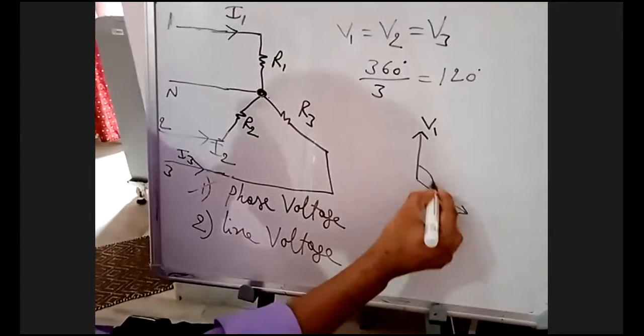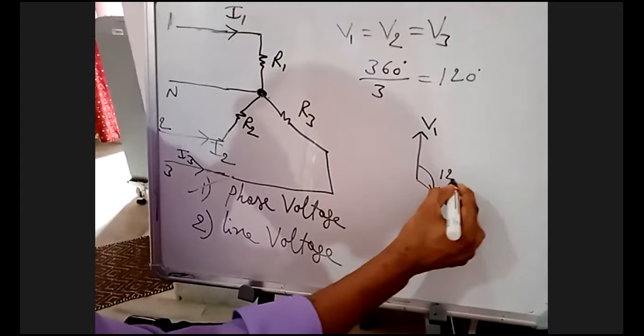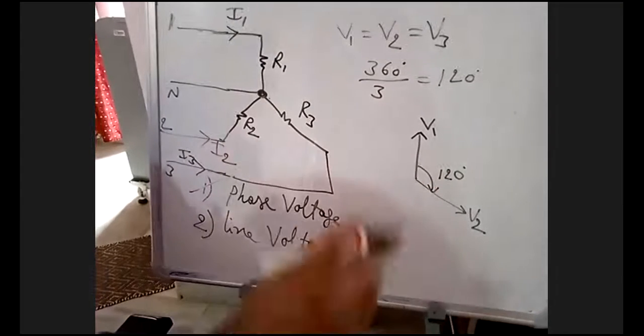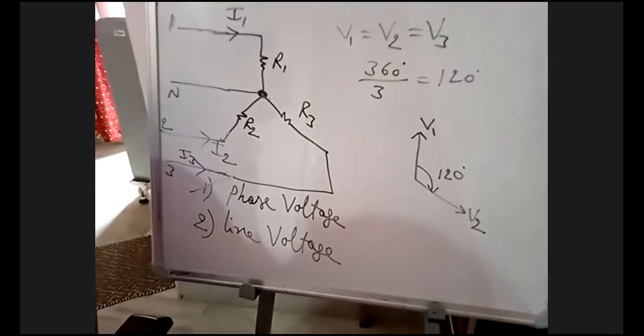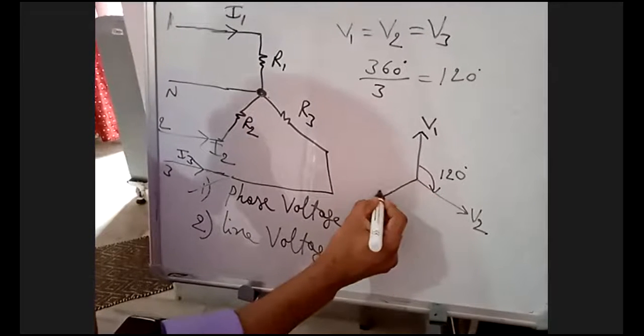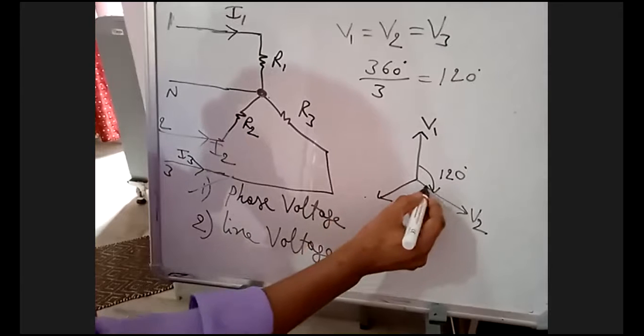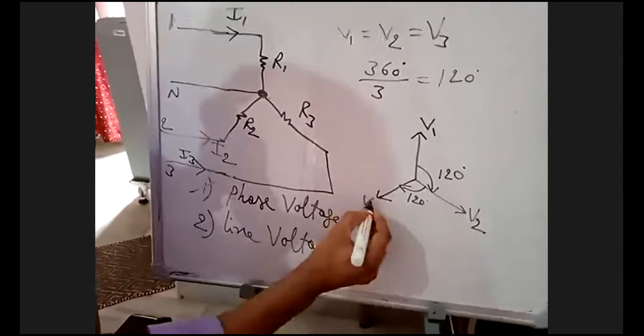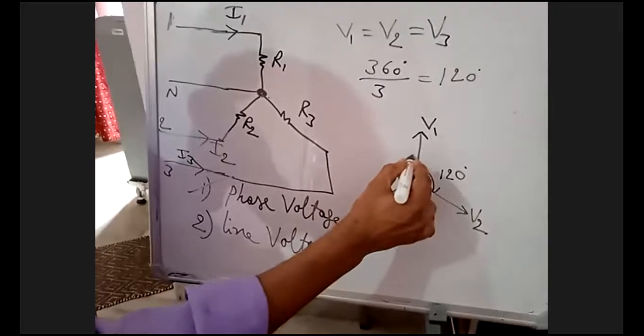See here, with an angle of 120 degrees, I am taking V2, the positive phase voltage. Again, this will be 120 degrees. This is V3.